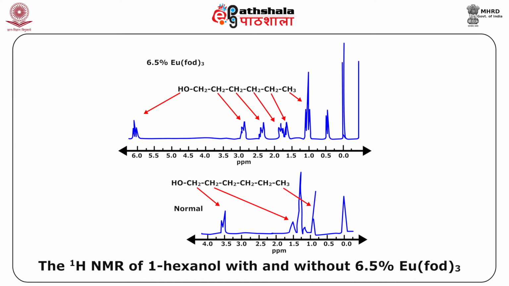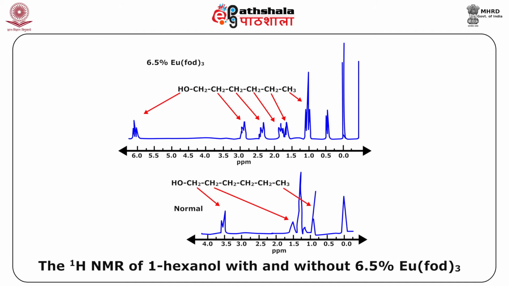The methylene group which is relatively closer to the hydroxyl group is shifted more downfield, and as the distance of the methylene groups from the OH group in 1-hexanol increases, shifting of the peak is less pronounced in the presence of a shift reagent. Thus, on addition of shift reagent, the spectrum is simplified to almost first order.